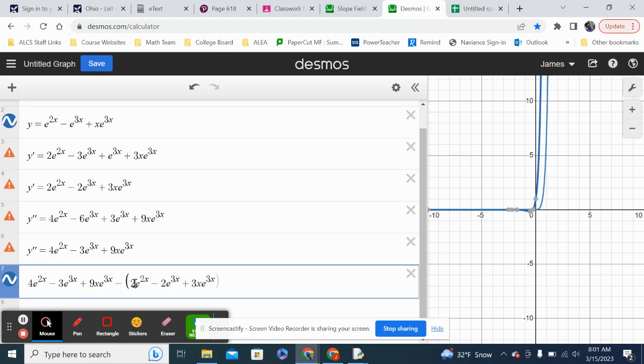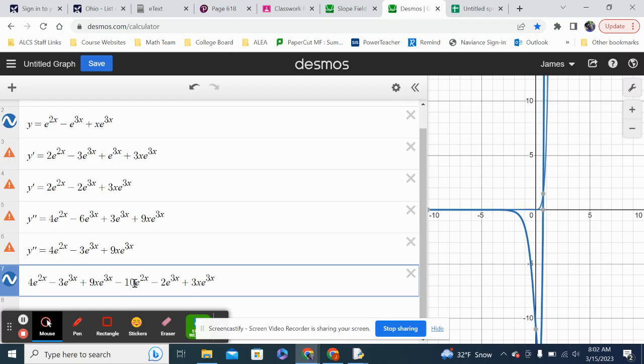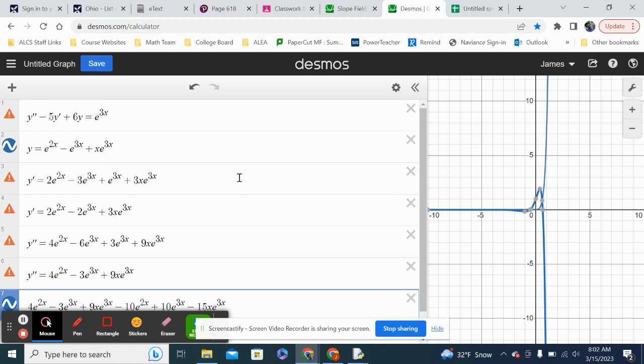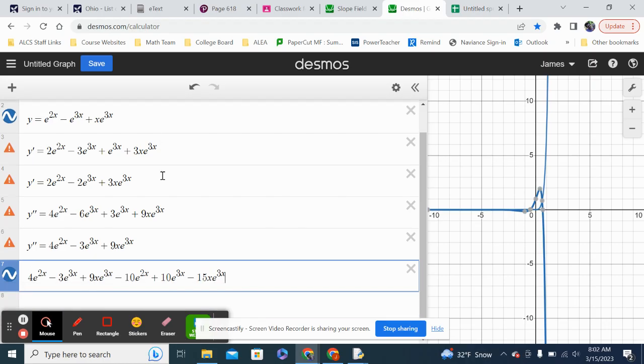So it's 5 times this, so it's going to be minus 10e to the 2x. This is going to be plus because I'm distributing a negative. It's going to be 10e to the 3x, and this is going to be minus 15xe to the 3x. So that's the y prime line times 5, or negative 5, I guess. And then I've got the plus 6y, so 6 times all this stuff added on.